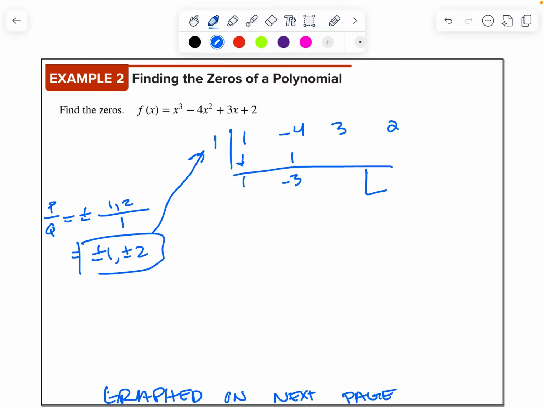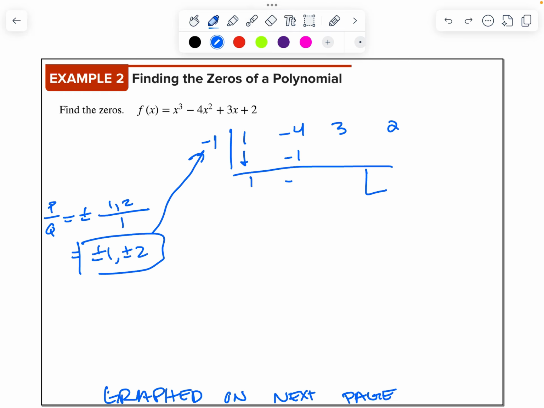Multiply, add, multiply, add, multiply, add. That did not give me 0, so positive 1 did not work. We can go back and try another number. Let's try a negative 1. Multiply, add, multiply, add, multiply, add.